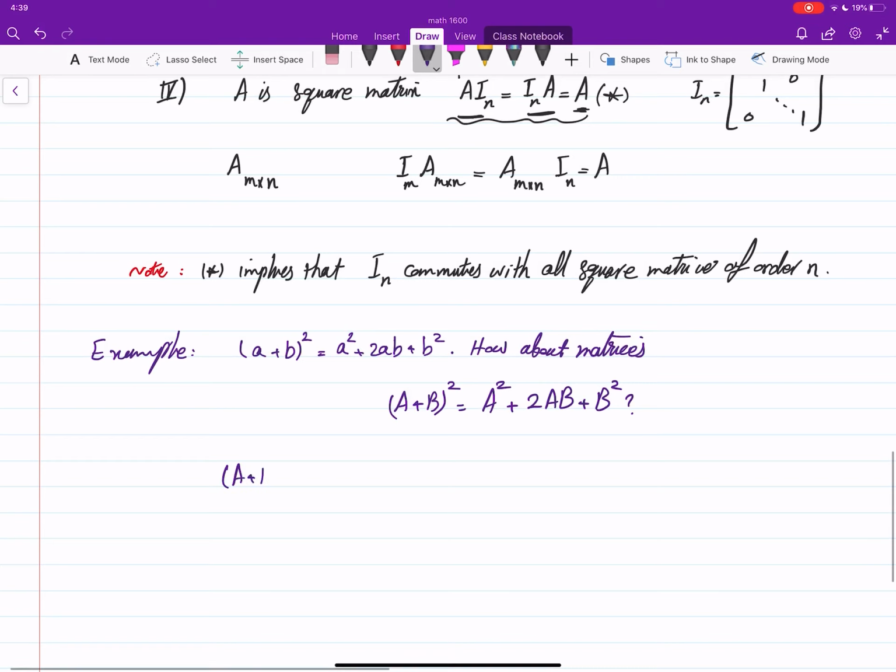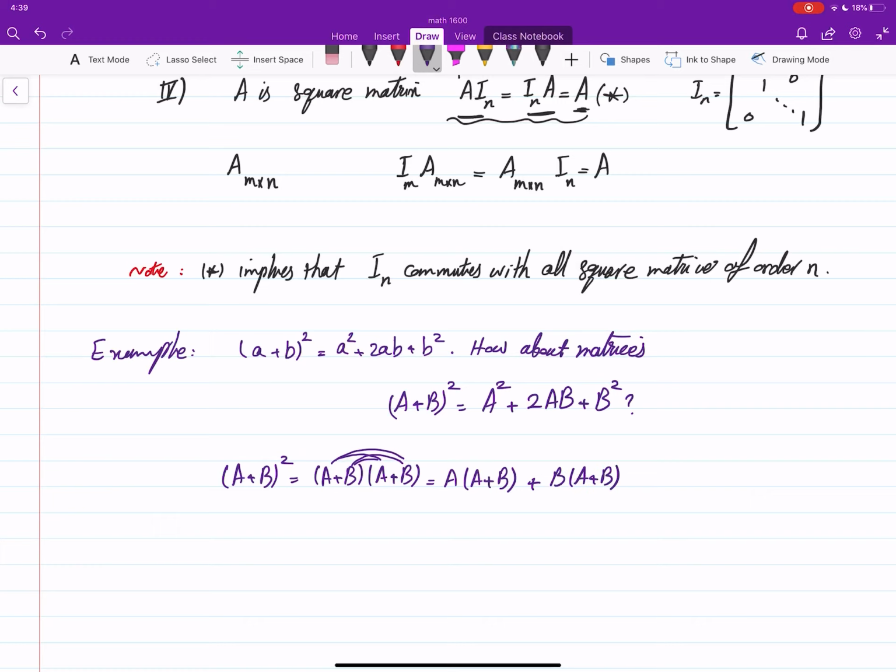(A + B) squared means that we multiply (A + B) to itself. And this means that we can expand this from the left, and we get A times (A + B) plus B times (A + B).